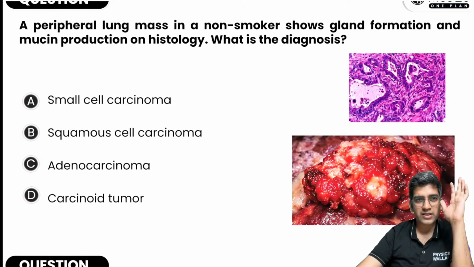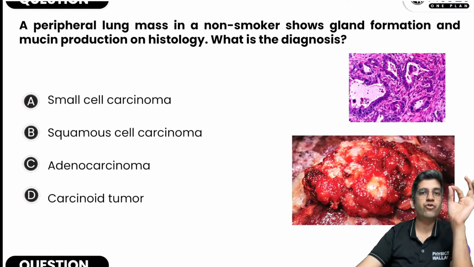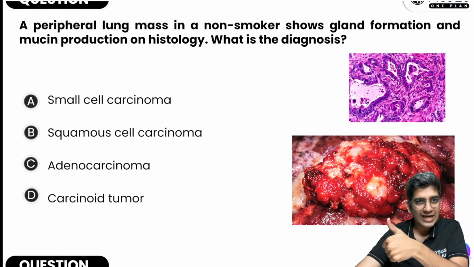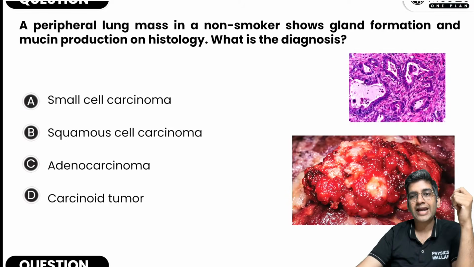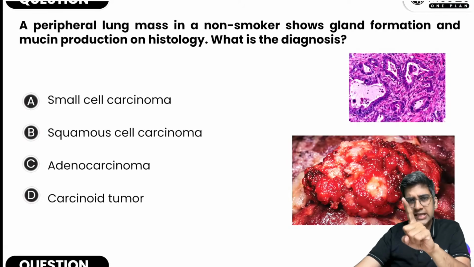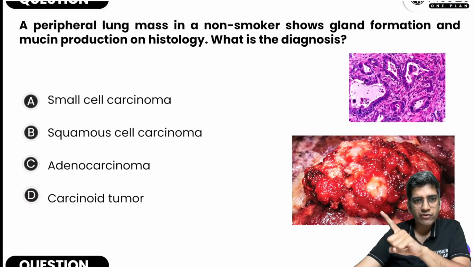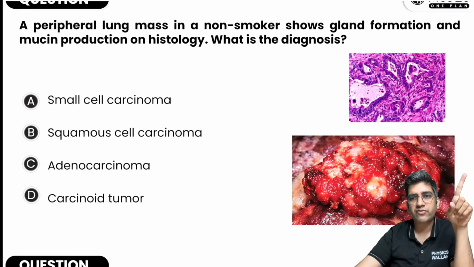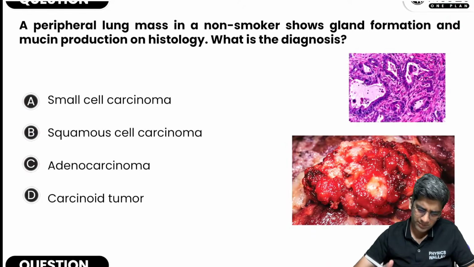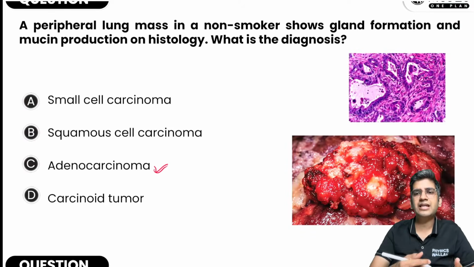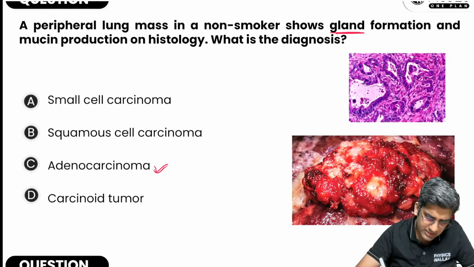The answer is there in the question itself, right? Peripheral lung, non-smoker, shows gland formation. Just now I said if there's gland formation and mucin production, it can be only one thing. It cannot be A, right? The question says there's gland formation. Only one of the four options can form gland. Which is that? It has to be option C. It cannot be anything apart from adenocarcinoma because this is the clue here.